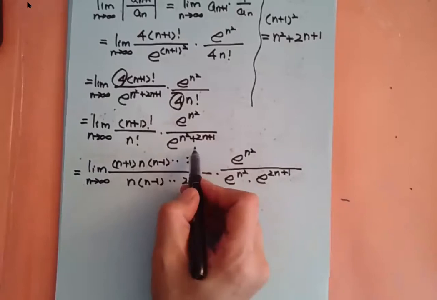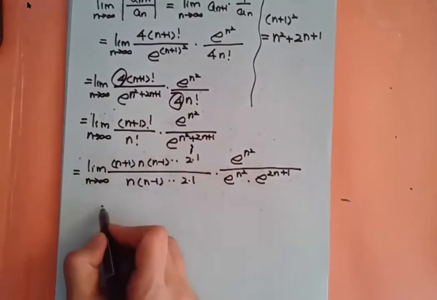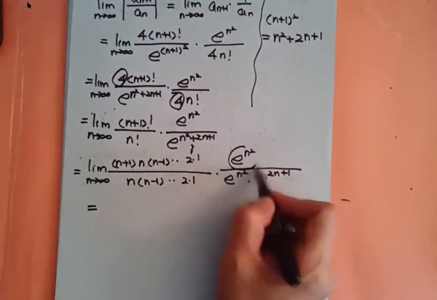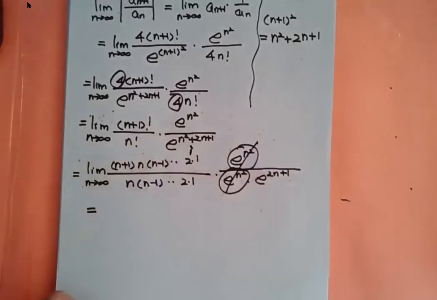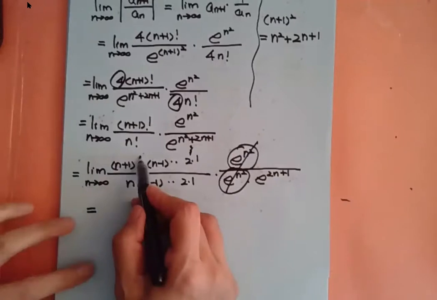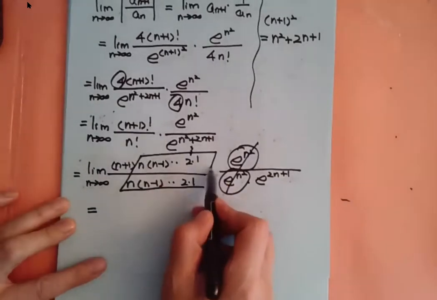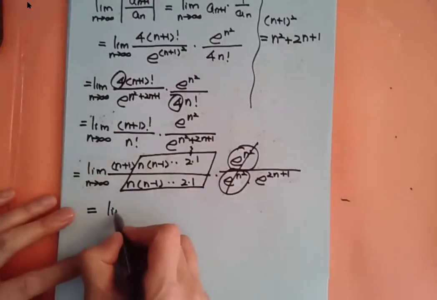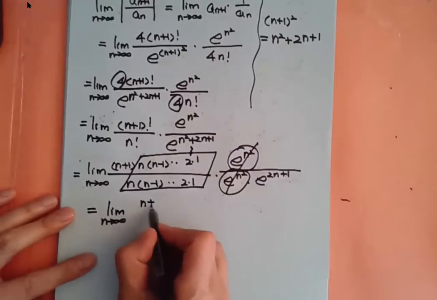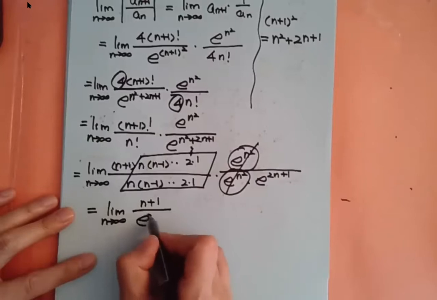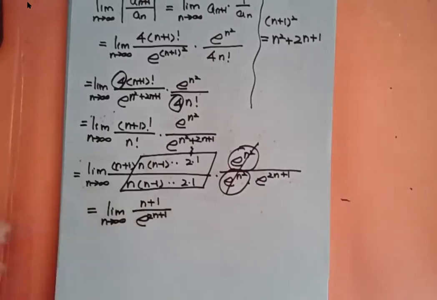So we just split that. So these two will cancel each other, and then these two will cancel each other. So limit n goes to infinity, n plus 1 over e to the 2n plus 1 power.